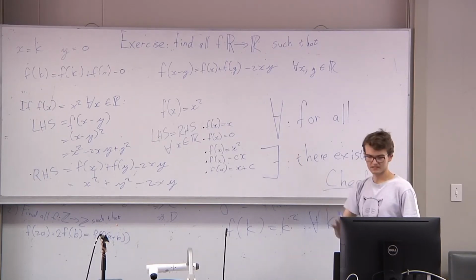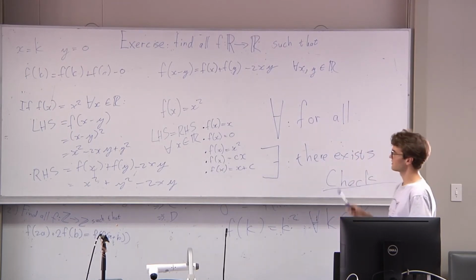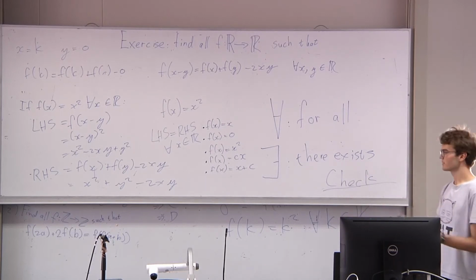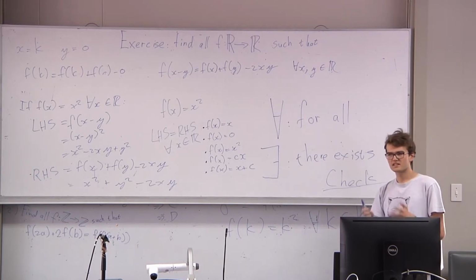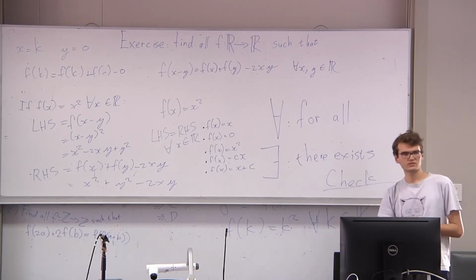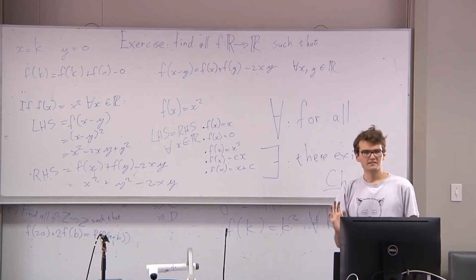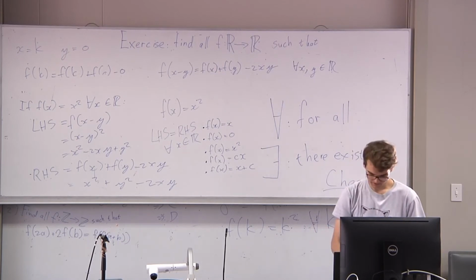Okay, so that's that functional, and that process that we did of just plugging in values, seeing what you get, plugging in more values, seeing what you get, using stuff that you found previously, that's how you do every single functional equation question. Which is why it's useful to practice them, because they're all exactly the same.